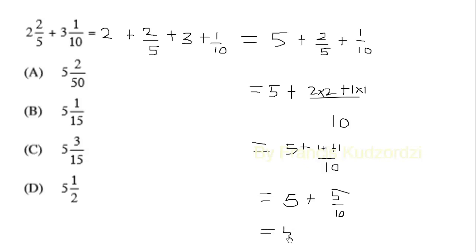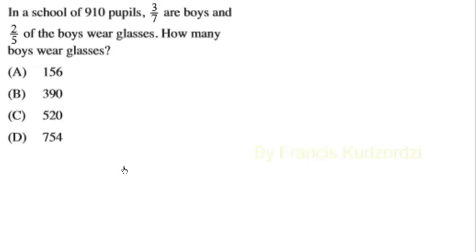So 5 plus 1 over 2, and this is the same as 5 and a half. So another way is to change all this into a mixed number and then into an improper fraction and simplify. So the answer is still 5 whole number 1 over 2.